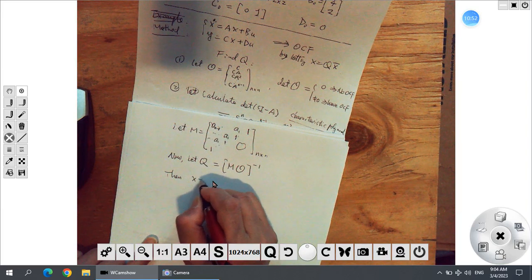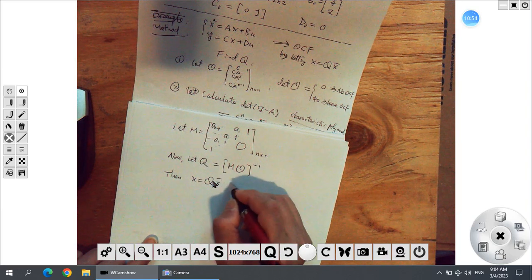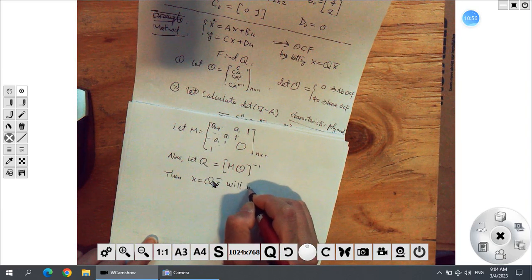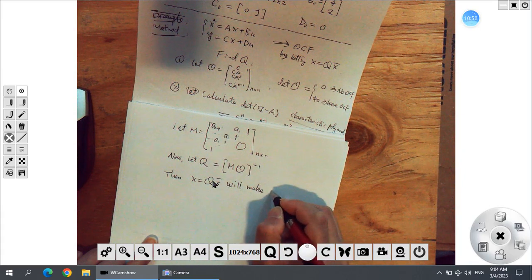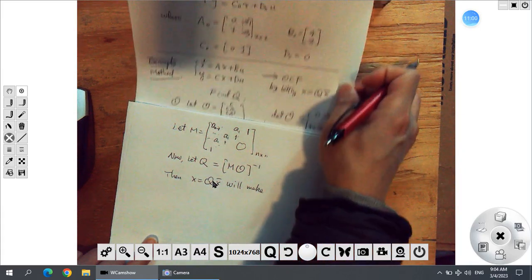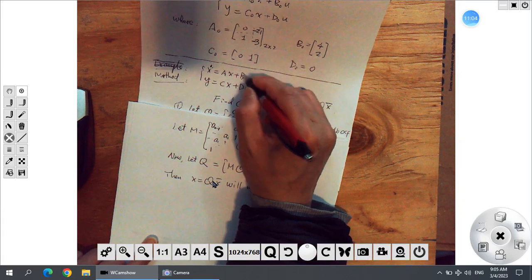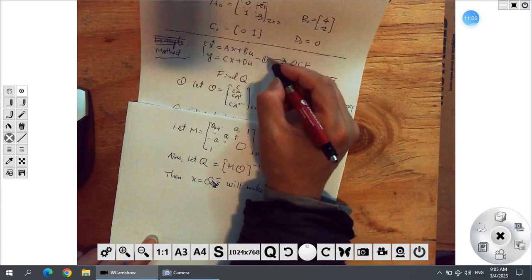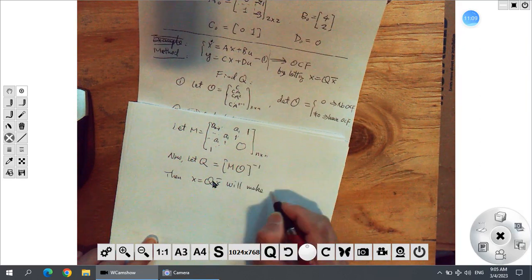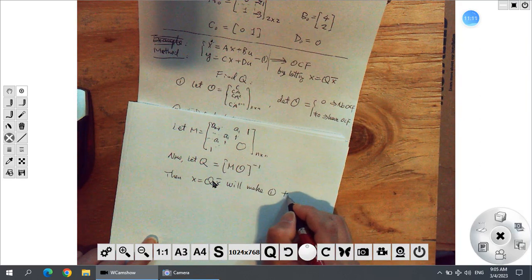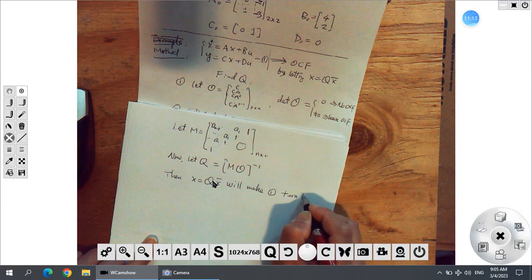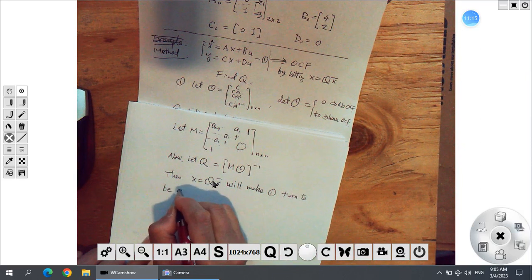Then x equal to Q x bar will make the original system, I gave it a number, I say this is 1, the equation set 1, turn into OCF.